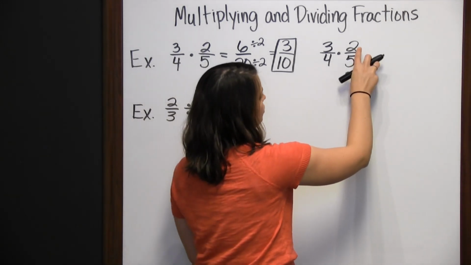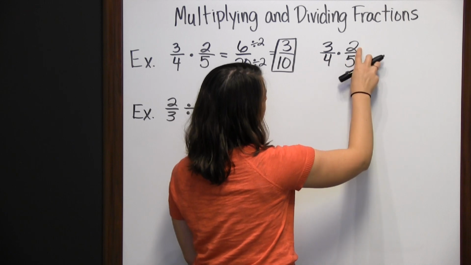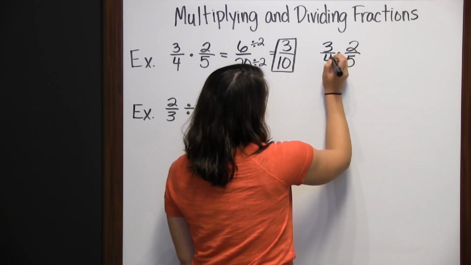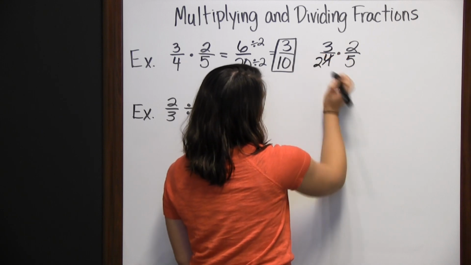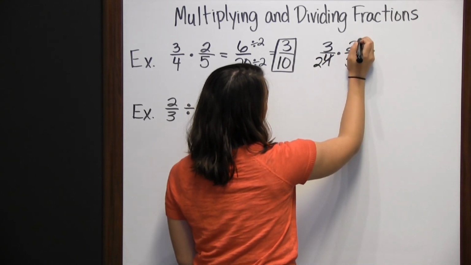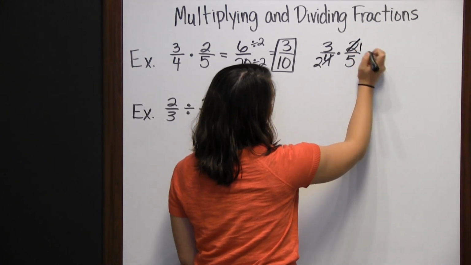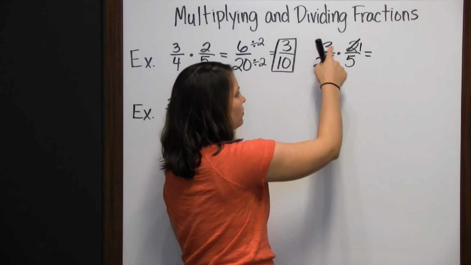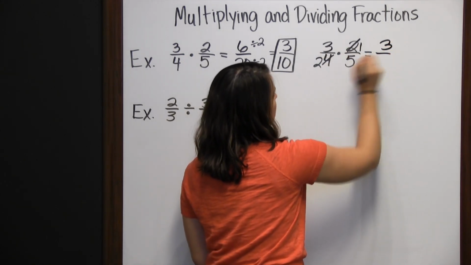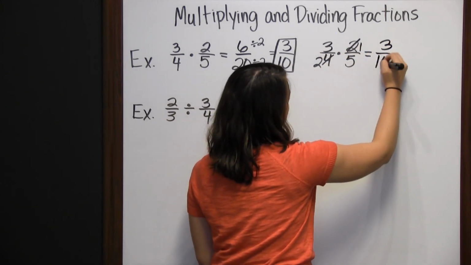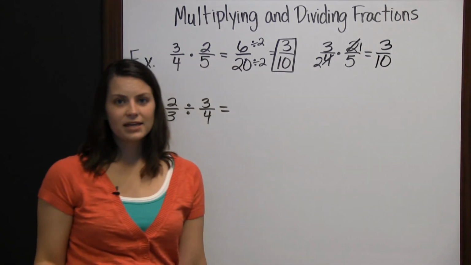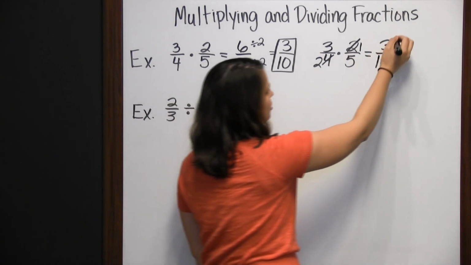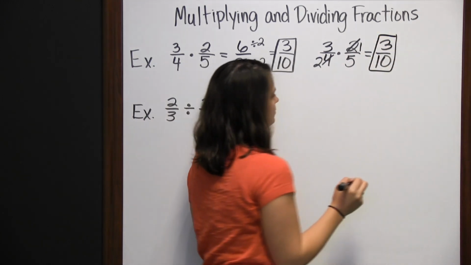However, you could divide 2 and 4 both by 2. So 4 divided by 2 is 2, and 2 divided by 2 is 1. Then you multiply like normal. 3 times 1 is 3, and 2 times 5 is 10. So cross-canceling saves you the step of simplifying, but you get the same result.